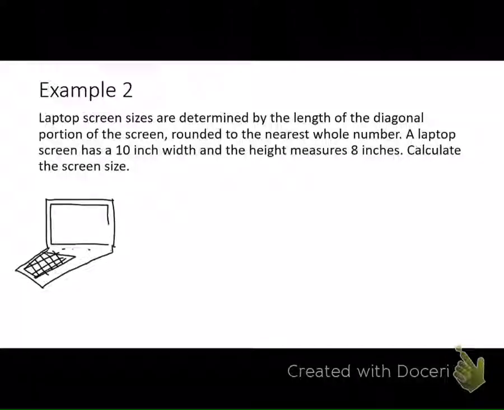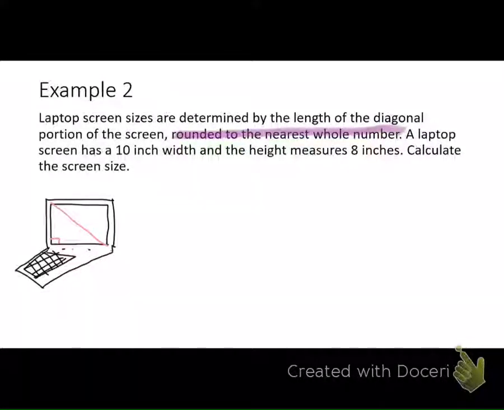And the size of the laptop is determined by its diagonal. So it says rounded to the nearest whole number. This is super important for us because this is what we're going to have to round to in this case.